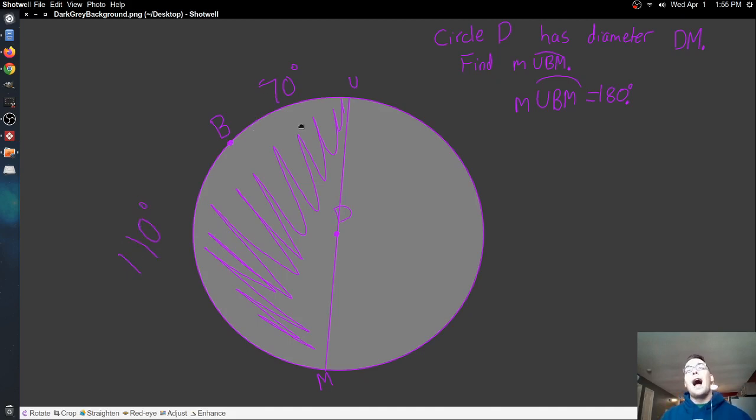The same way, I can now say that arc BMU, and again, just like with angles and everything in geometry, order matters. These two arcs that I have here, UBM, BMU, use the same letters, but they're in different places. UBM goes in that order, whereas BMU traces out a much bigger arc.